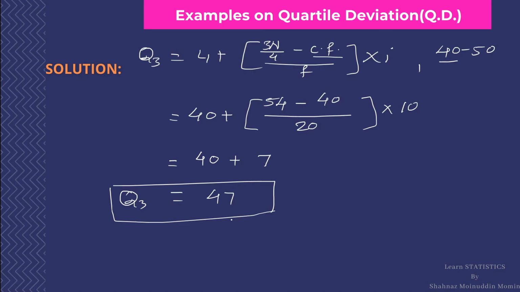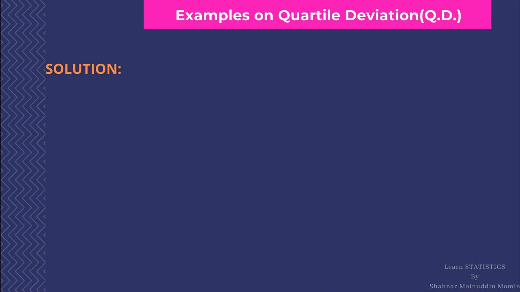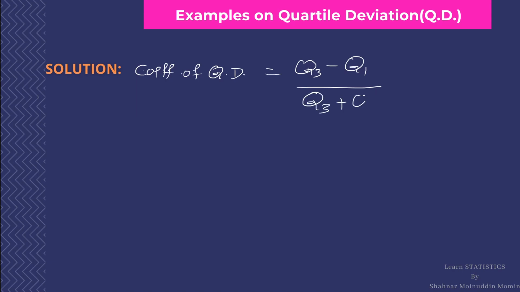Now we will obtain its coefficient of quartile deviation, known as the relative measure of quartile deviation, and it is given by coefficient of quartile deviation is equal to Q3 minus Q1 divided by Q3 plus Q1.